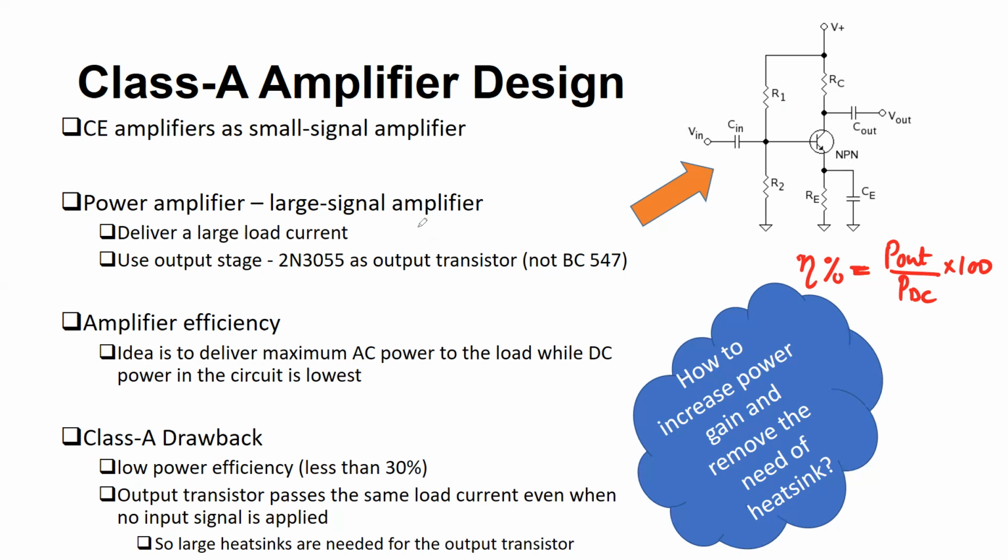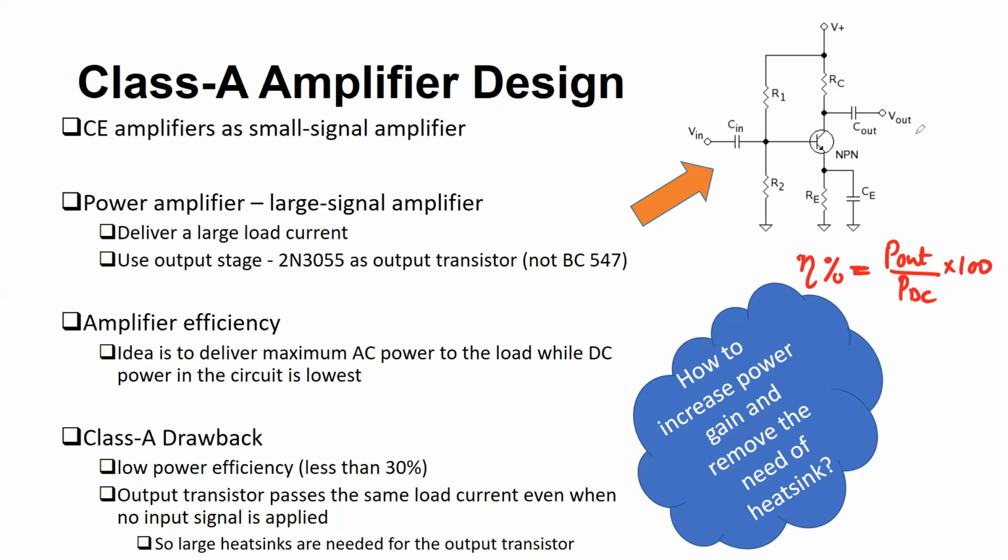Now the third concept of using the power amplifier or large signal amplifier is efficiency. You have an audio signal and then you get a large power output signal. So it's like your AC power in and then an AC power output delivered to the load.